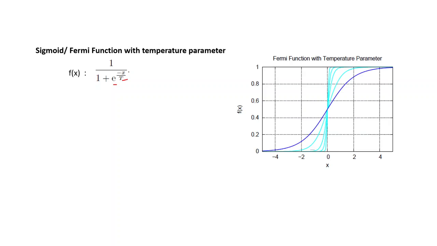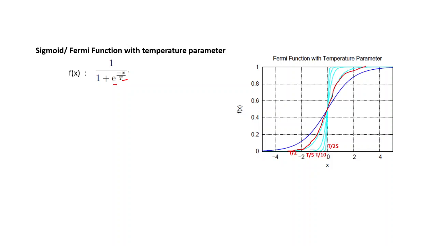So if we plot it against a graph, what we see is as we decrease the temperature, see at this point the temperature is T. At this point the temperature is T by 2. So the curve is sharper. It's getting sharper. This is at T by 2. This is at T by 5. This is at T by 10.